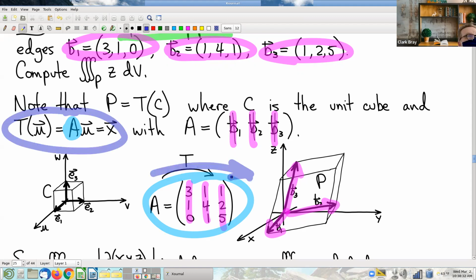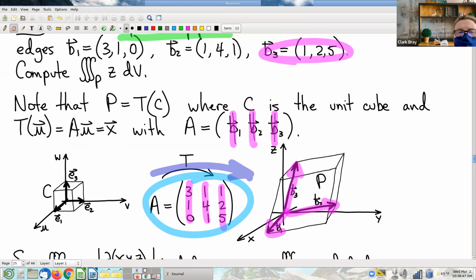That's the move. Now I want to demonstrate to you in a moment that this has worked, but that's the trick to remember. The edge vectors, make those the columns of your matrix by which you define a linear transformation. That linear transformation does what we want it to do.